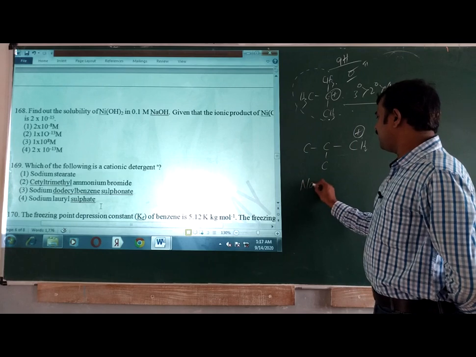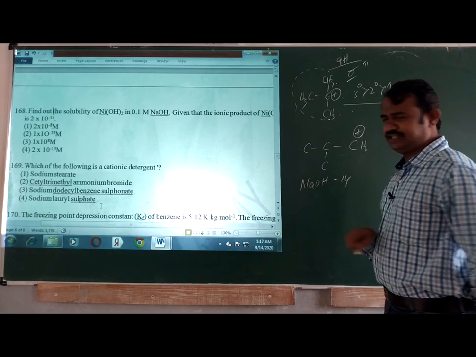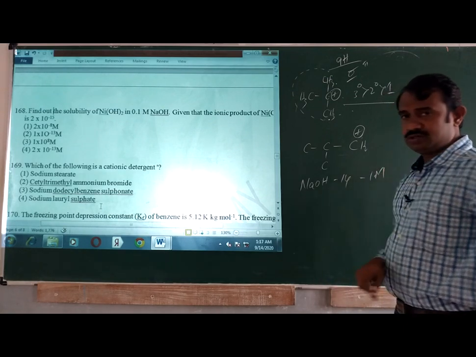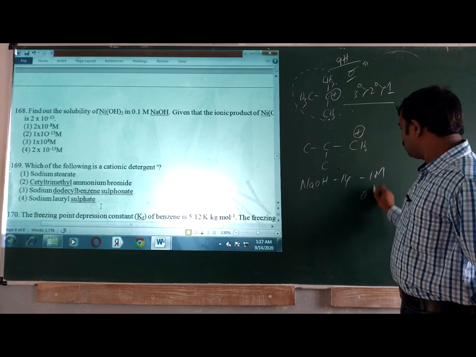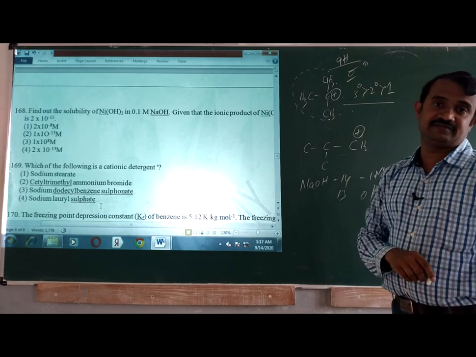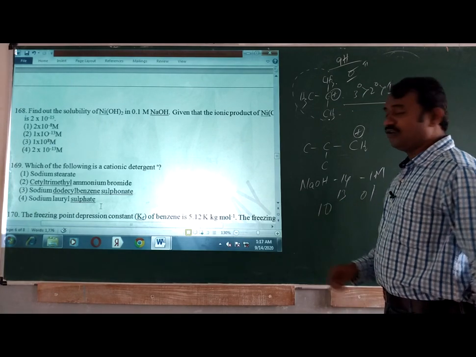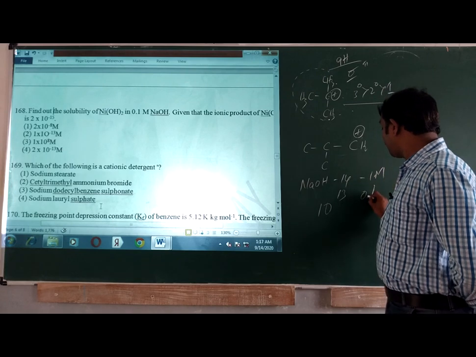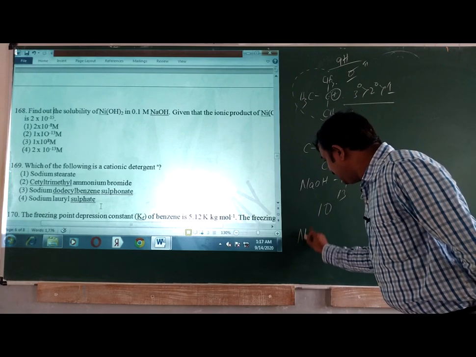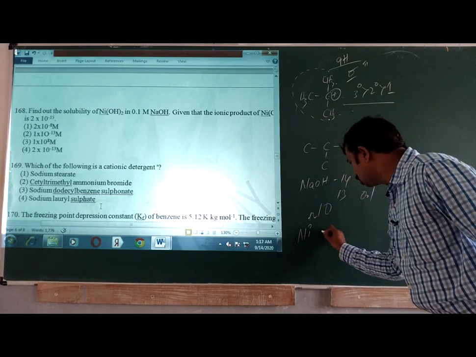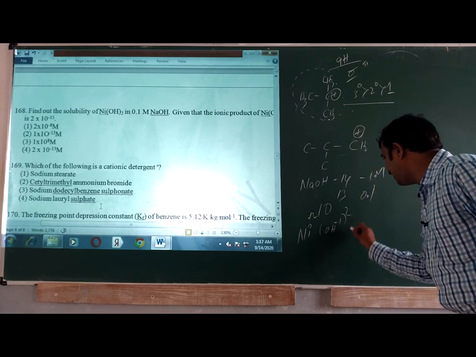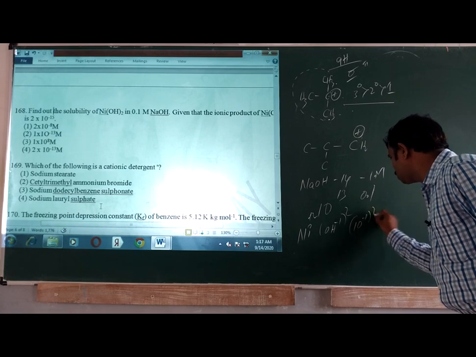Sodium hydroxide is a strong base. When we take 0.1 mole of sodium hydroxide, the pH is 13, so OH minus concentration is 10 to the power of minus 1. Nickel hydroxide gives nickel 2 plus and OH minus, and OH minus is squared, so 10 to the power of minus 1 squared.